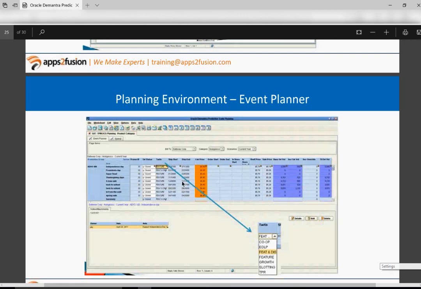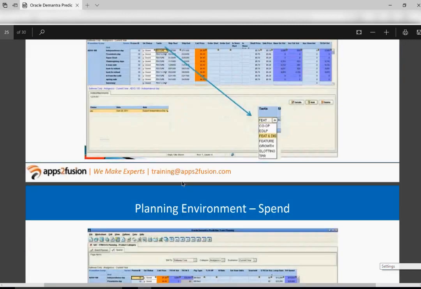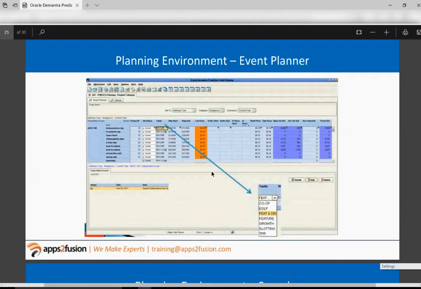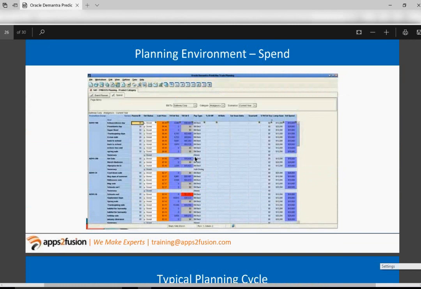So this is again coming from one of the customers. Every client has their own planning environment in terms of how they want to plan their event, how they want to plan their spend, which is the event spend money. It would have all your total event money.